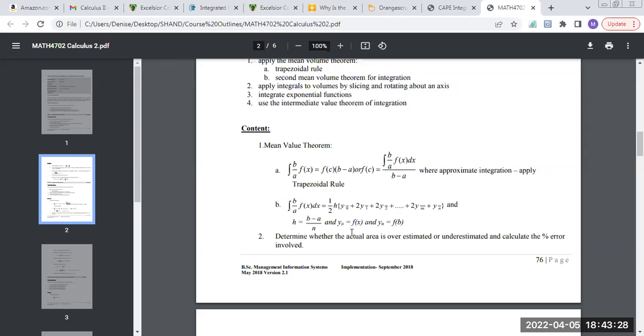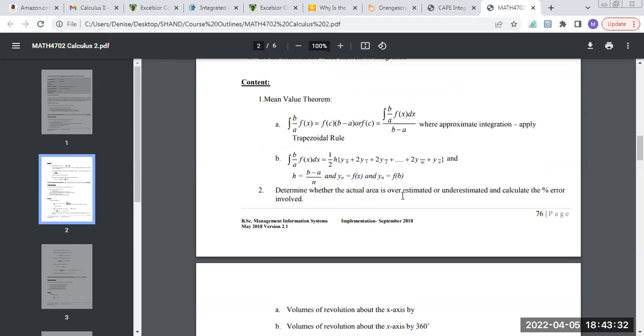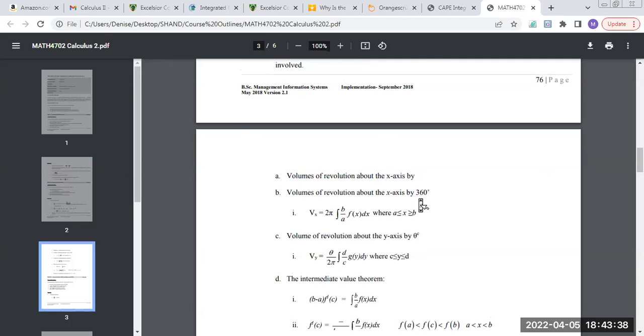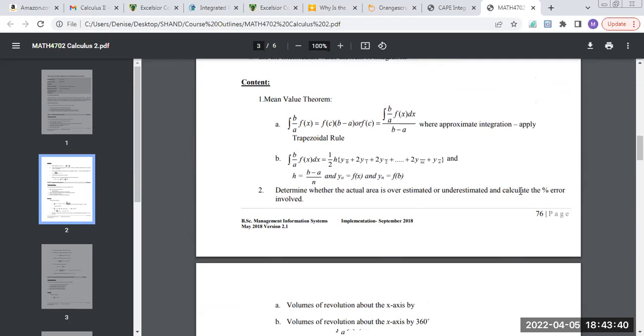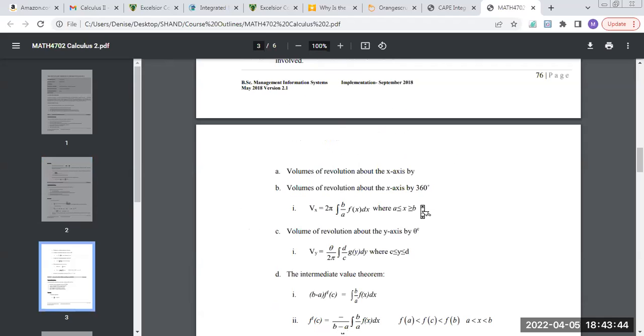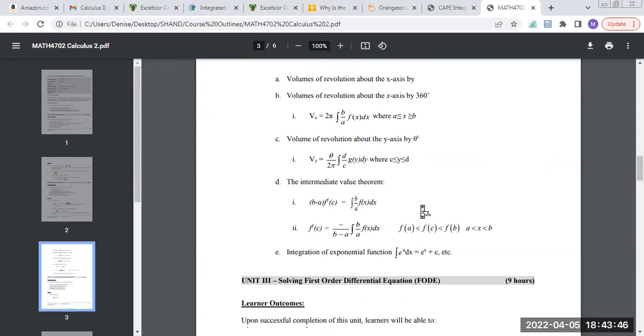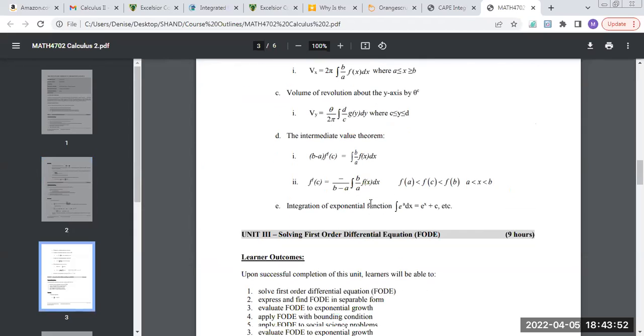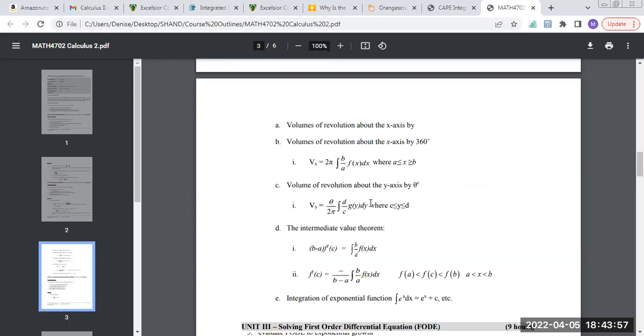All right. Determine whether the actual error is overestimated or underestimated by calculating the percentage involved. So if you see what is happening here, we need to calculate the percentage error involved. They didn't give us the formulation. Right, so we're going to be using the E-trap.